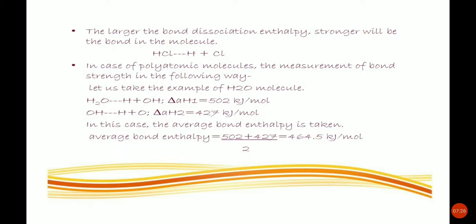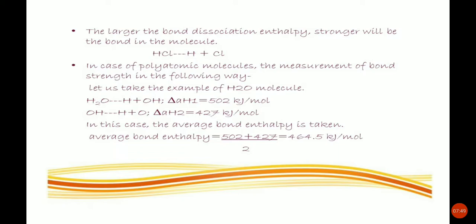The measurement of bond enthalpy or bond strength in polyatomic molecules, we discuss in the following way. Let us take the example of water molecule, H2O. H2O is broken into hydrogen and OH.